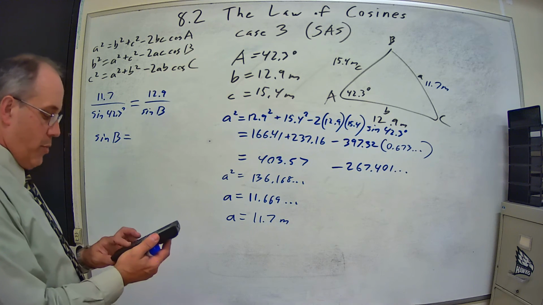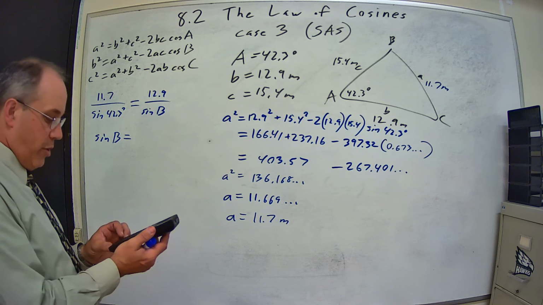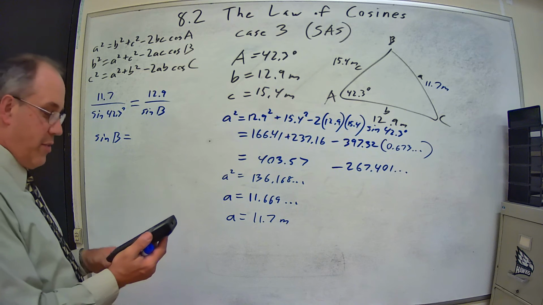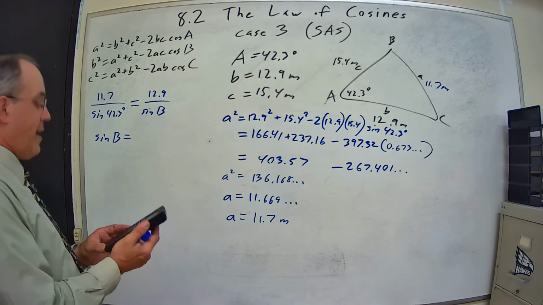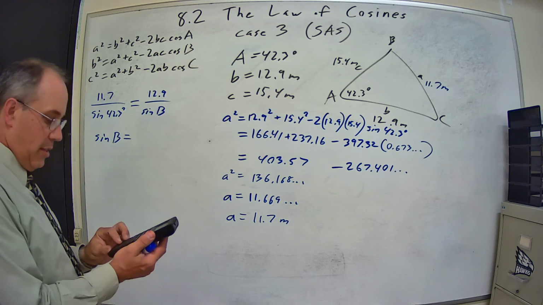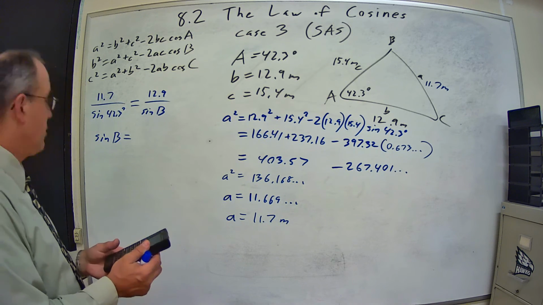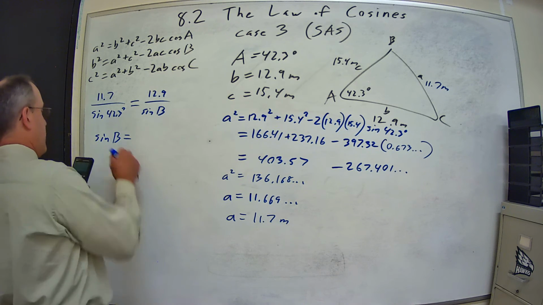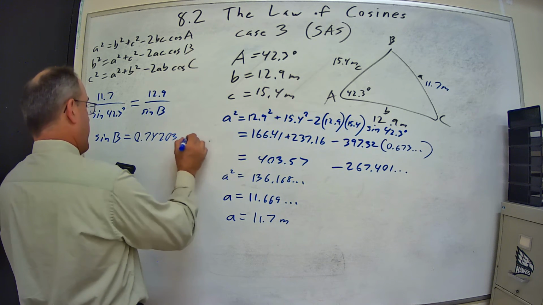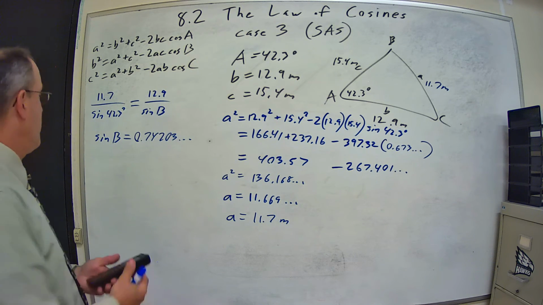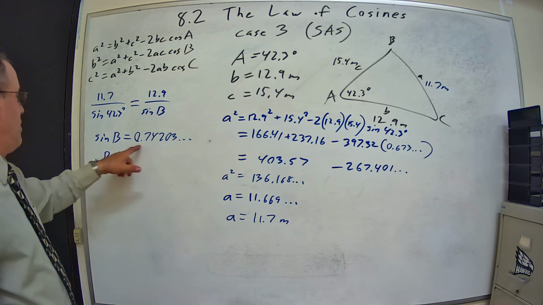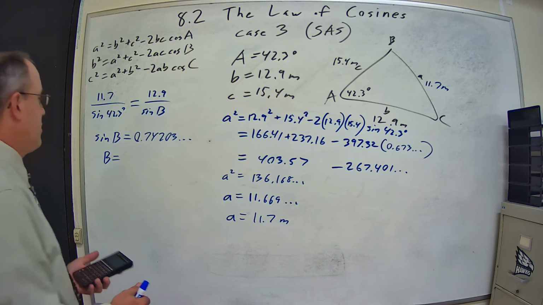So I have 12.9 times the sine of 42.3. Sine of 42.3 is approximately 0.673. So when I multiply that, I get 8.68 approximately. And then I divide by what's opposite, 11.7. Which tells me that the sine of B is equal to 0.74203, continuing on.